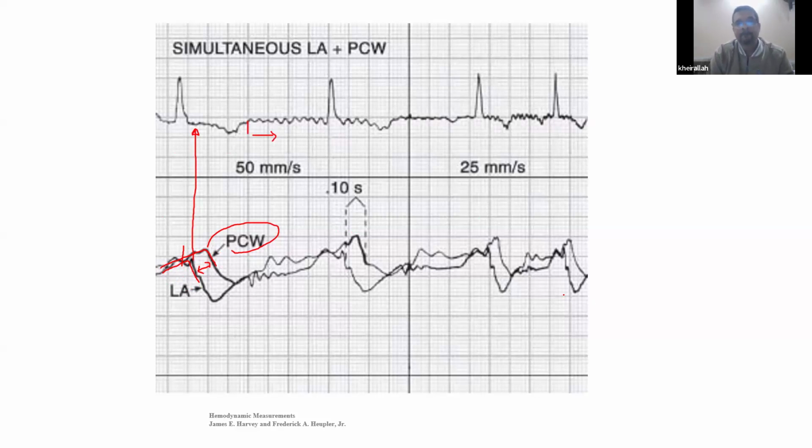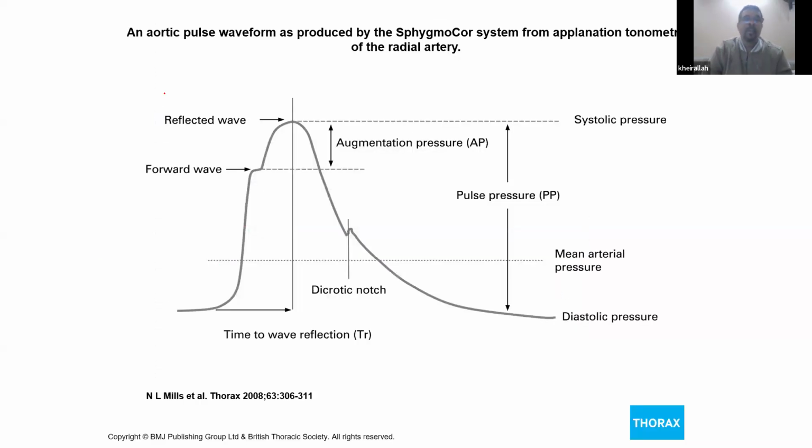Now, if we look at the arterial pulse waveform, this is how it looks. With the contraction, that's what we get. Forward wave, reflected wave, and the distance from here to here is the augmented wave.